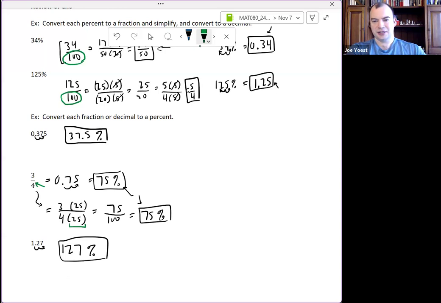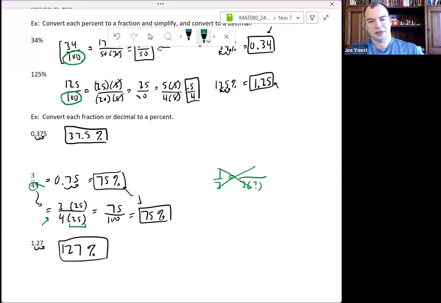Now, if I had something like 1/3 and wanted to write that as some approximate number as a percent, that wouldn't work so nicely because 3 times what gives me 100? That's not going to work so nicely. It's going to be close to 33, but not quite. But because I recognize that 4 is a nice factor of 100, going the fractions route was just as feasible as going the decimals route.